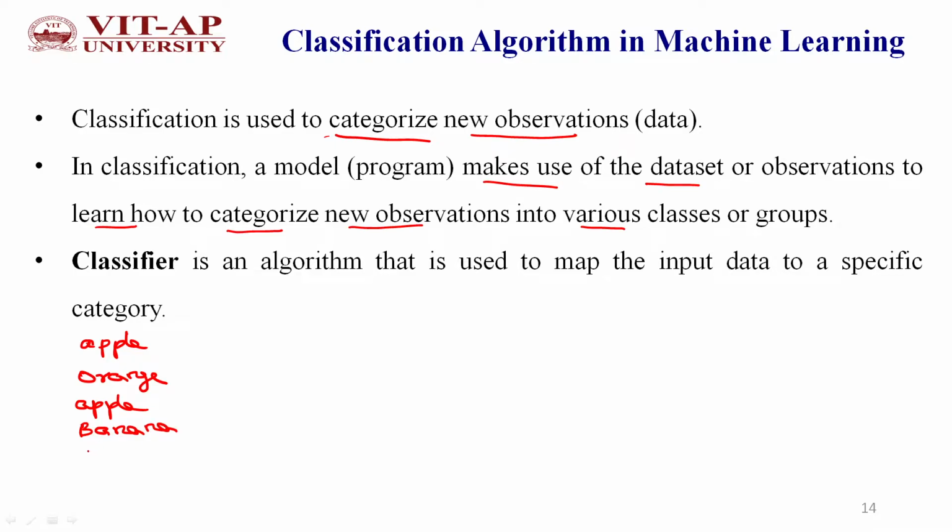Fifth data point is banana. Sixth data point is apple. Seventh data point is orange. So if we have 7 data points with labels, then they will be classified.